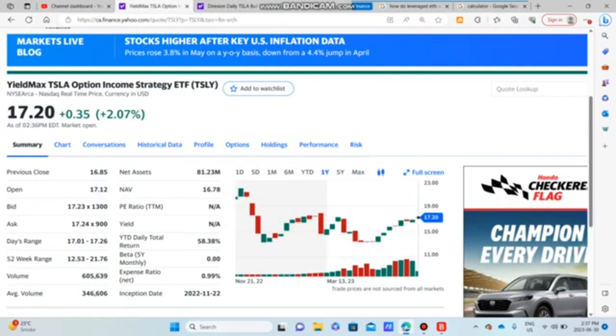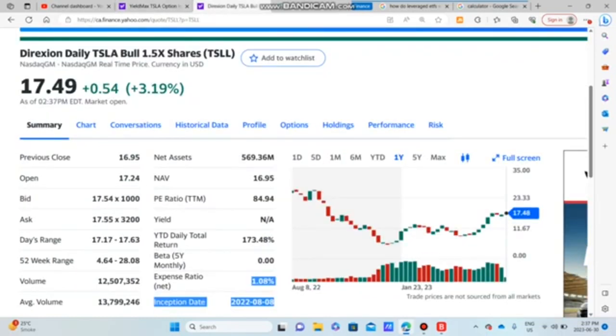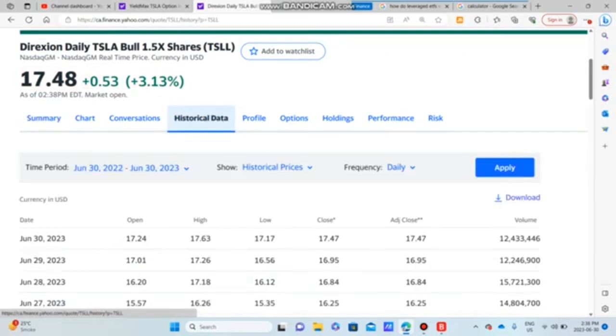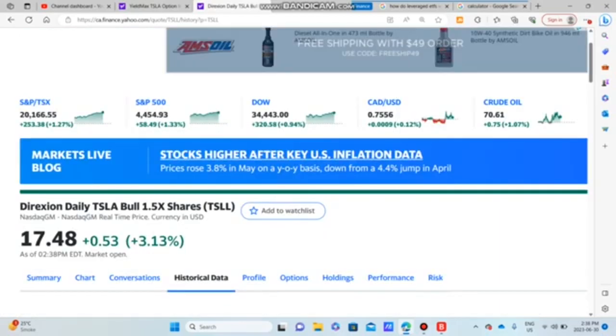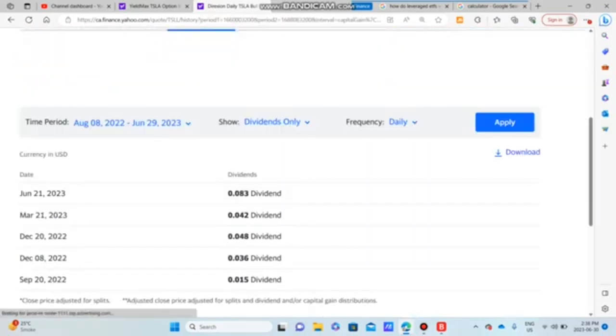Now the thing is, TSLY does pay a massive dividend. It doesn't show here, but it pays a 60% dividend yield, and TSLL pays an extremely minuscule dividend yield. It says that it does not pay a dividend here on Yahoo Finance, but going to their historical data, they do actually pay an extremely small dividend of literally less than 1%.